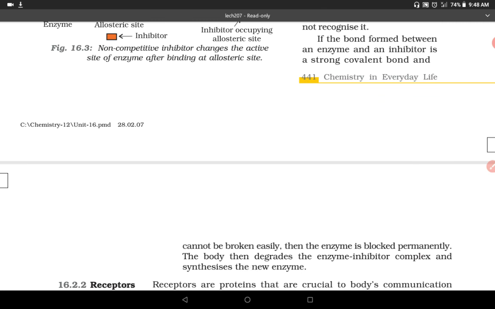It cannot be broken easily because a covalent bond is not broken easily. If it is a van der Waals force, it can be easily removed, but with a covalent bond, it cannot. So the enzyme is blocked permanently. The body then degrades the enzyme inhibitor complex and synthesizes new enzyme.